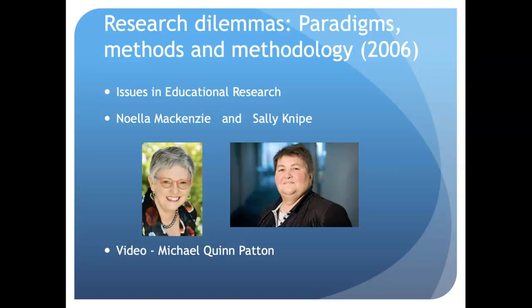The video you're assigned features Michael Quinn Patton, who is a sociologist who specializes in the process of evaluations that are focused on their usefulness. I haven't got his picture here because you'll see him in the video, so I haven't included it here. He also has a particular interest in the potential of social innovation in unpredictable and dynamic social and political environments, and we can certainly relate to that.